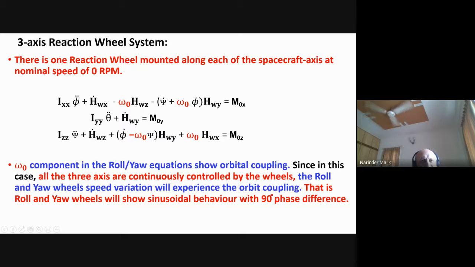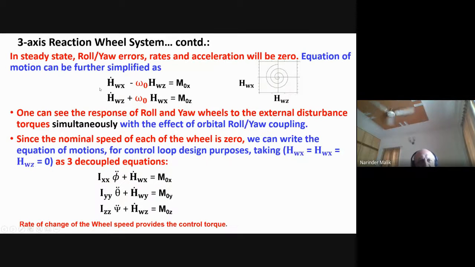The rates, psi dot and phi dot, will be zero, and psi and phi also will be zero. Under this condition, if I write the equation with this assumption, it becomes h_wx dot minus omega naught h_wz is equal to M_ox, the torque. This is the roll axis, roll disturbance, yaw axis, yaw disturbance.